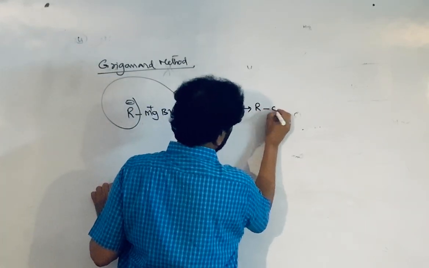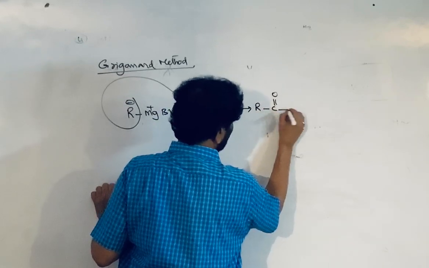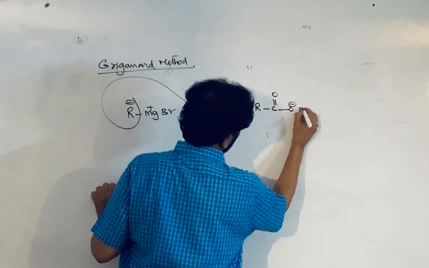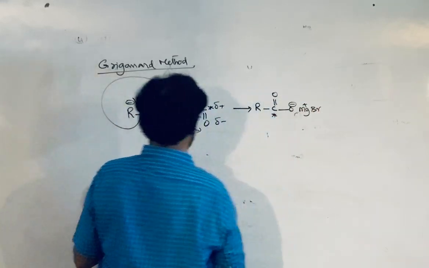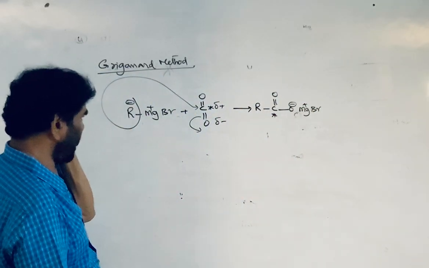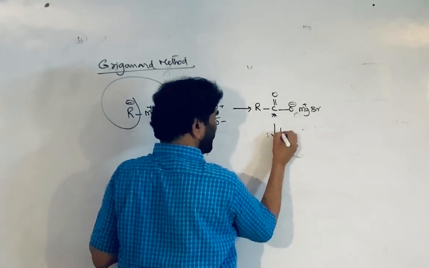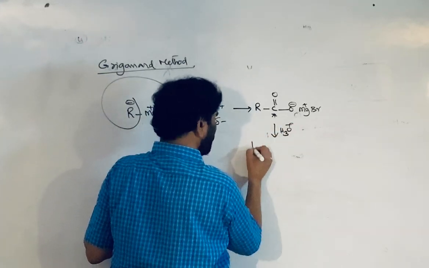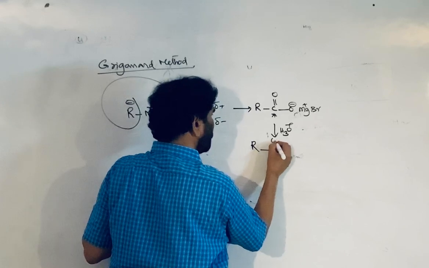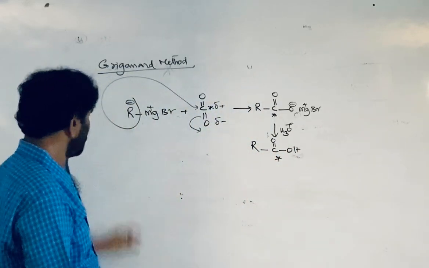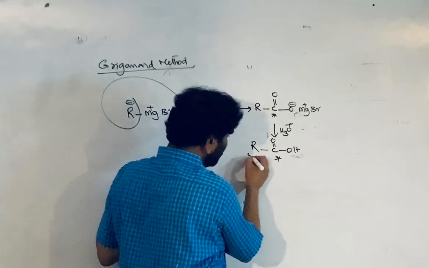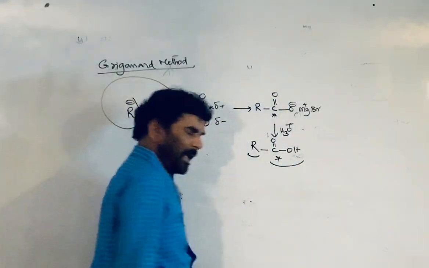Now it is simple: the O minus MgBr metallic derivative is formed on the carbon dioxide carbon. On acidification, that gives RC double bond OH. So this is from the Grignard reagent and carbon dioxide.